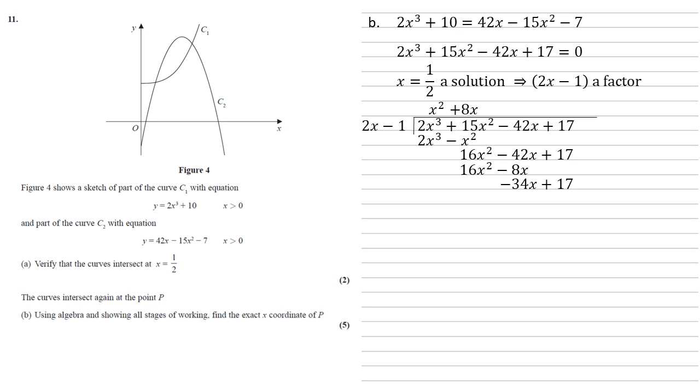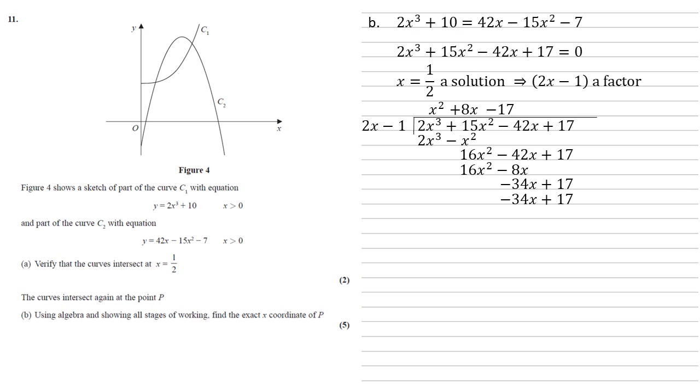How many times does 2x minus 1 go into this? That's going to be minus 17, and let's just double check. If we multiply the 2x minus 1 by the minus 17, we get minus 34x plus 17, so there's no remainder. Everything's divided perfectly. So our answer is x squared plus 8x minus 17.